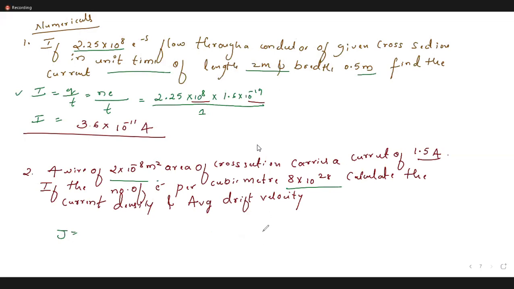Between current and drift velocity, I is equal to NE, divided by T.